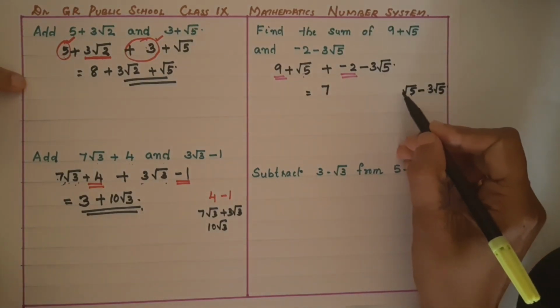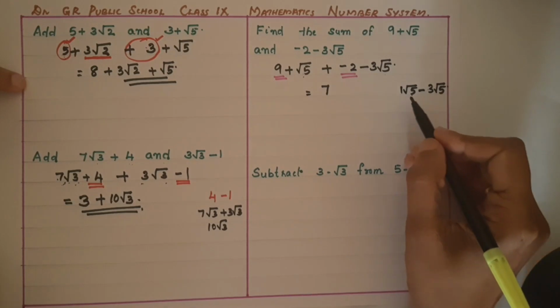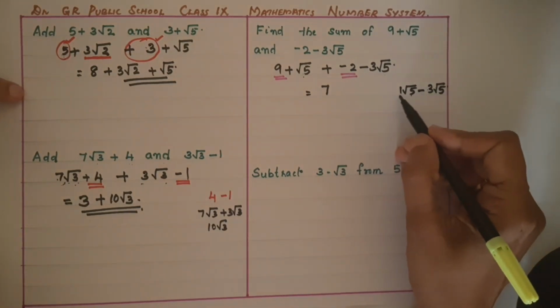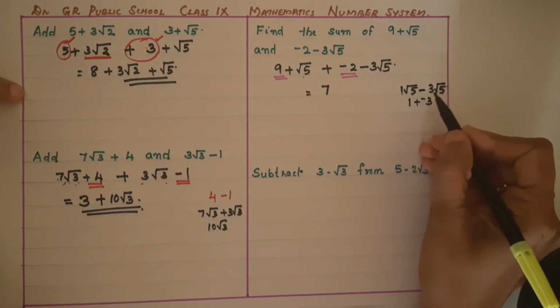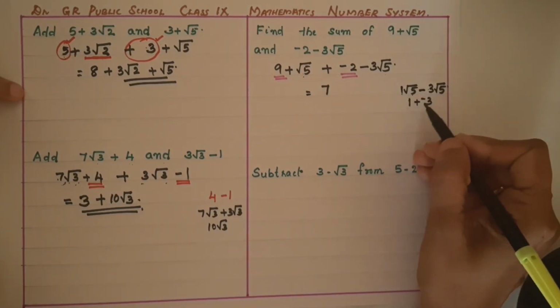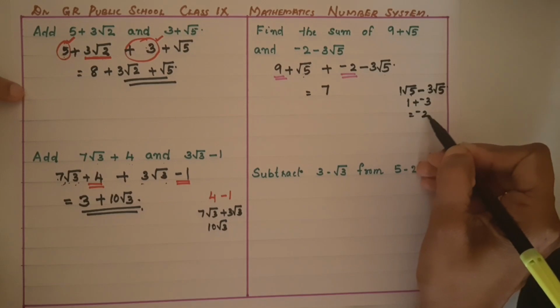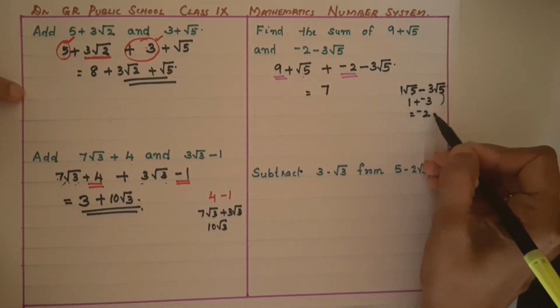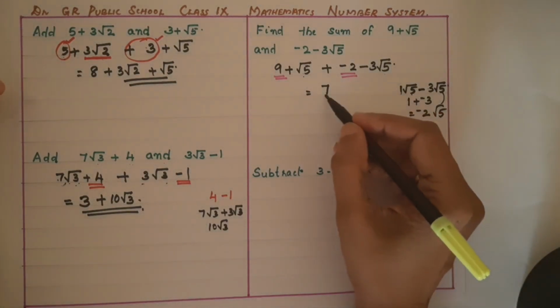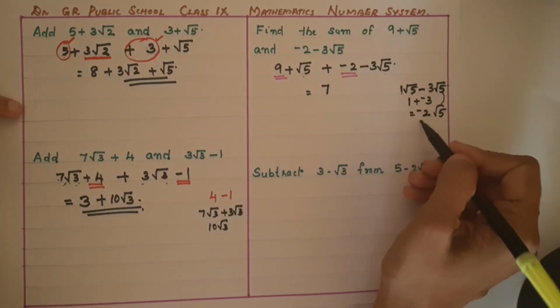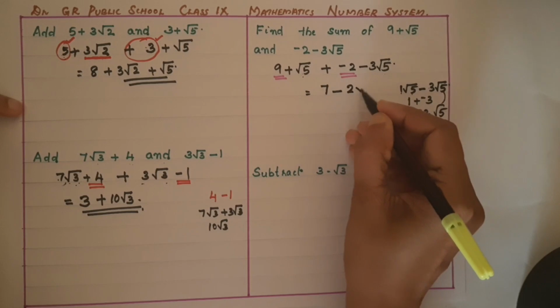Root 5, what is the coefficient? 1. So what are the coefficients here? 1 and minus 3. 1 plus minus 3. What is 1 plus minus 3? It is minus 2. Then we have to write this root 5 also. So what is the answer? 7 already we have. Then minus 2 root 5.